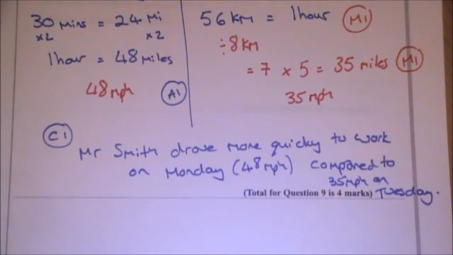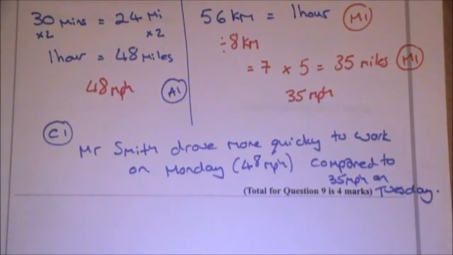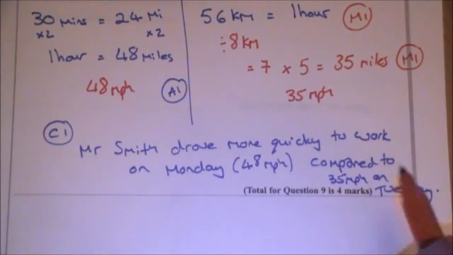Now that amount of detail isn't necessary for you to get that C1 mark, but you do need to make it clear that you are selecting Monday based on your calculations.